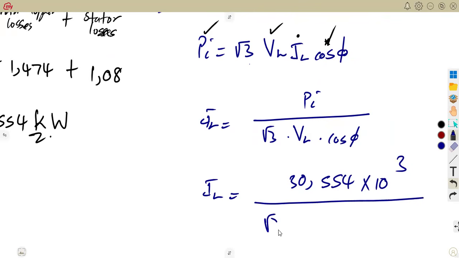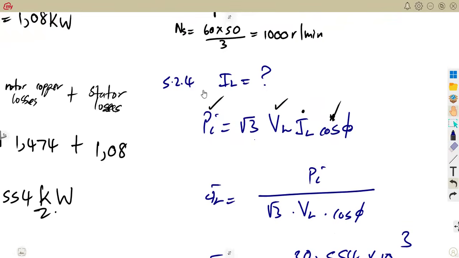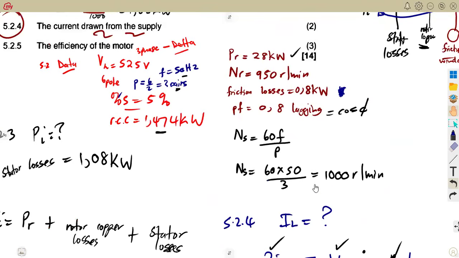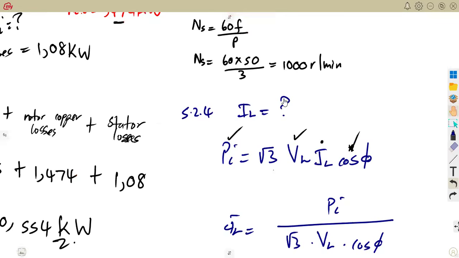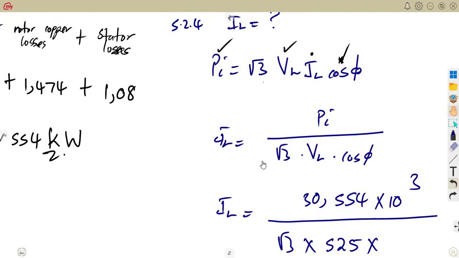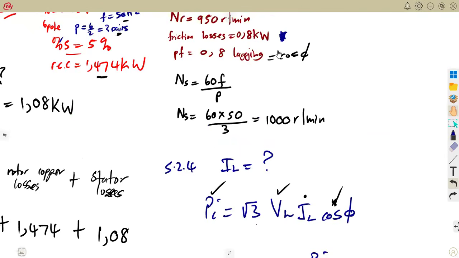The square root of 3. The line voltage, as we are given, that was 525. So this is 525 times the power factor. Remember, you're given the power factor there of what? 0.8. So the 0.8 you just take as it is.